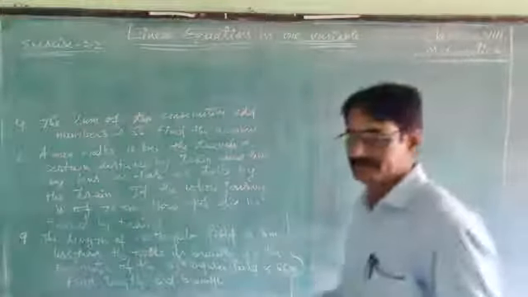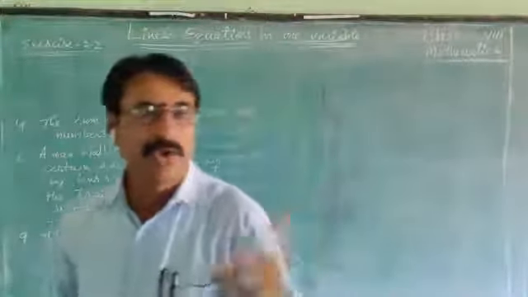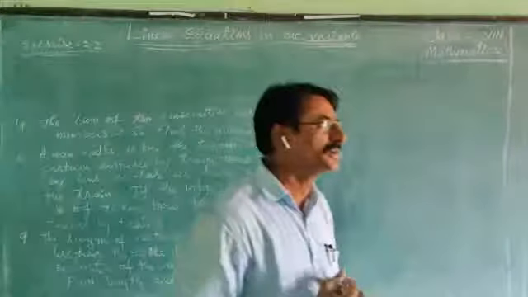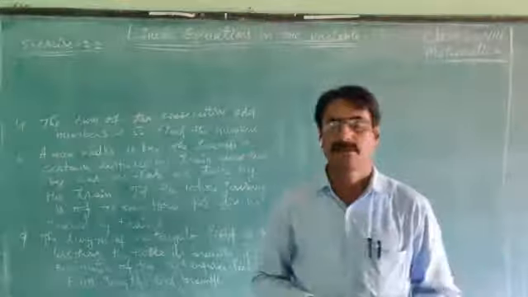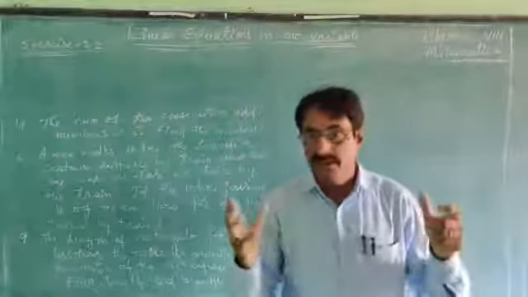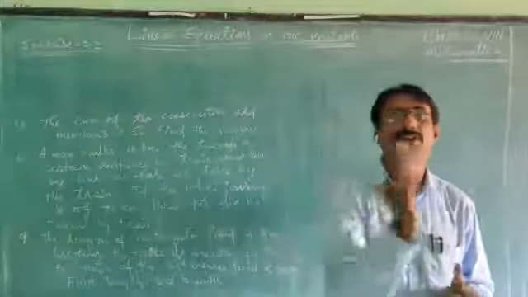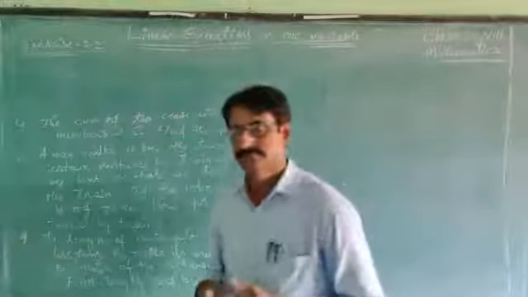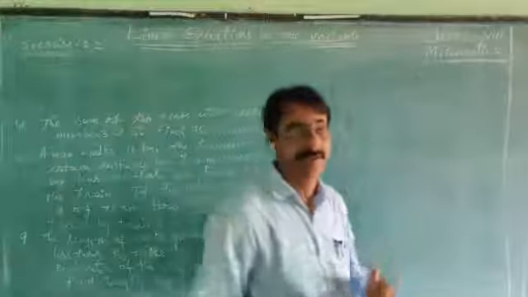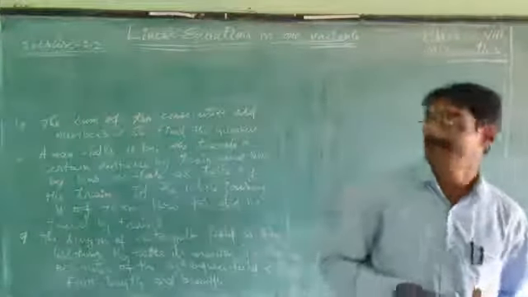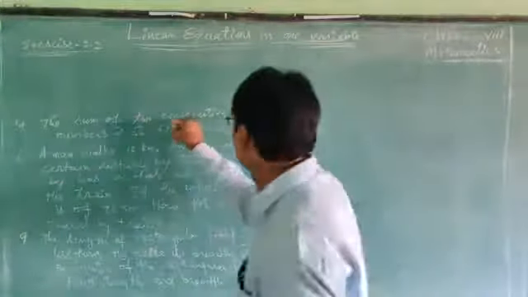Consecutive. Which are called consecutive numbers? The numbers which are side by side. For example, in natural numbers, 2 and 3, 3 and 4, 4 and 5, 6 and 7, like that. But here, which type of consecutive? Odd.